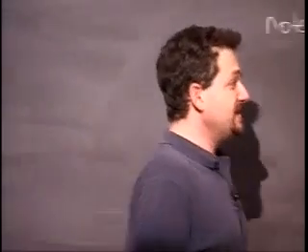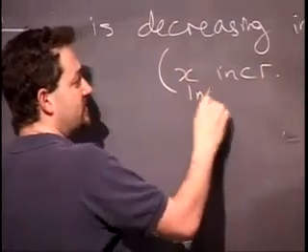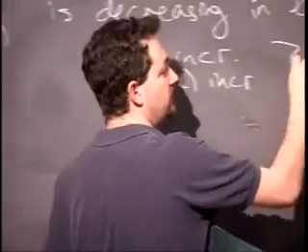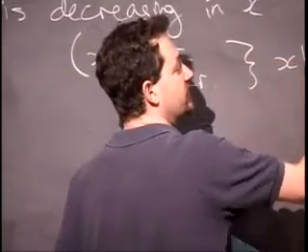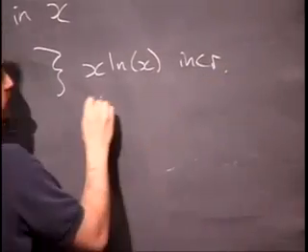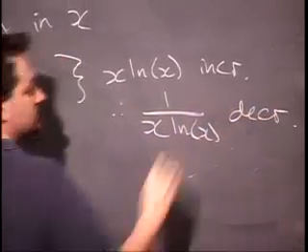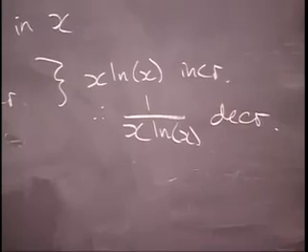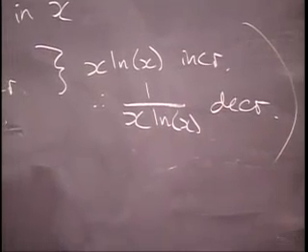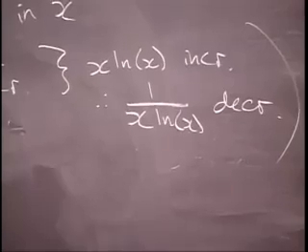But in fact, even easier is that x is increasing, log x is increasing, right? Goes up. Therefore, x log x is increasing. If you multiply two increasing functions, you surely get an increasing function. And therefore, the reciprocal is decreasing. That's a little bit of justification without using any calculus. Common sense, really. Okay, now that is an important condition because the integral test requires it.